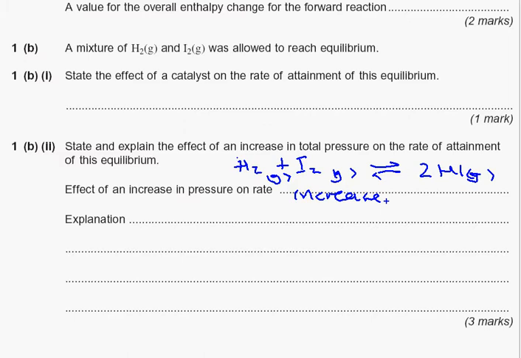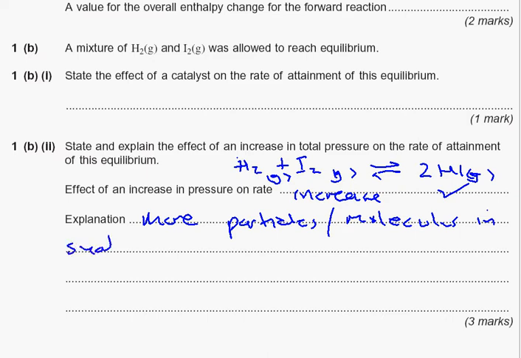And then we go to a reason why it will increase. This is a 3 marker, the 1 marker being over here. What you're saying is that you've got more molecules, let's say particles, in a smaller space, a smaller volume, so they're closer together. I do tend to write more than I need to.